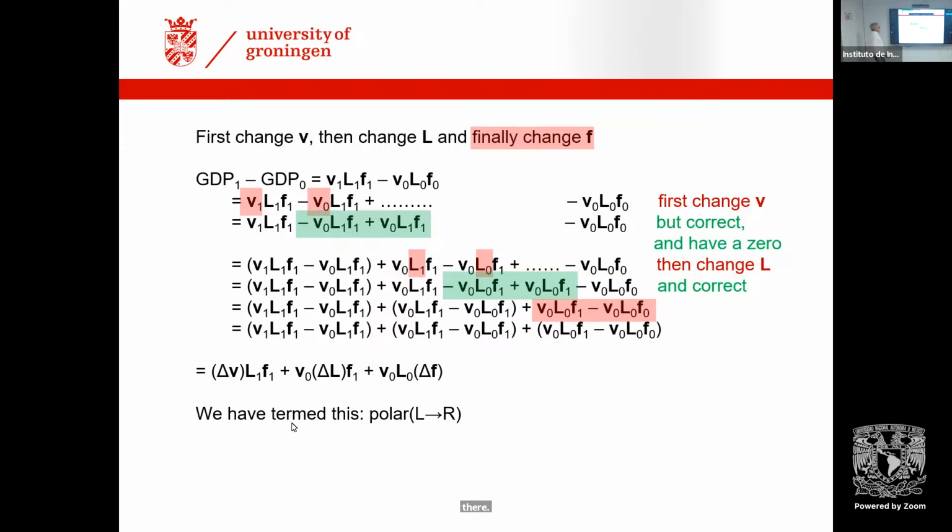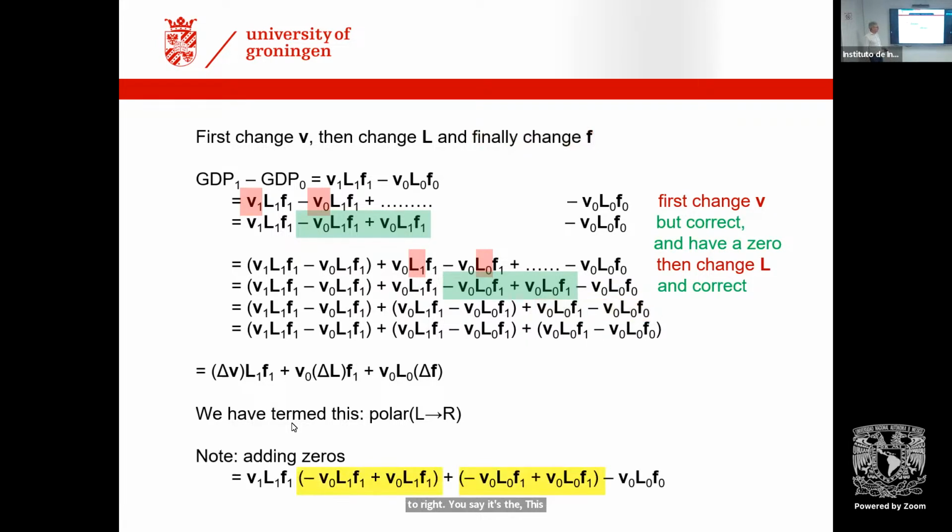So this is now the expression, and instead of going from left to right, we say it's the polar from left to right. And this suggests, of course, that there is another polar, and that, of course, is from right to left.